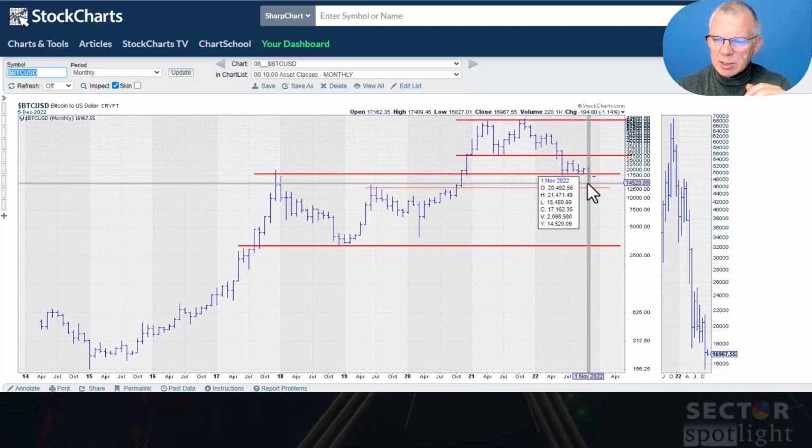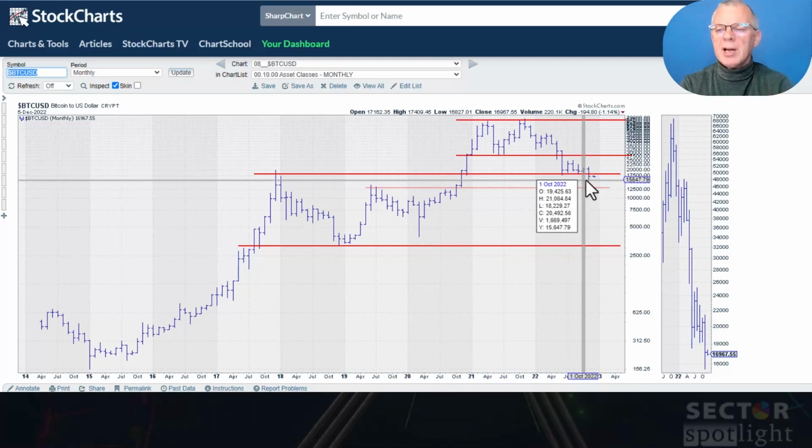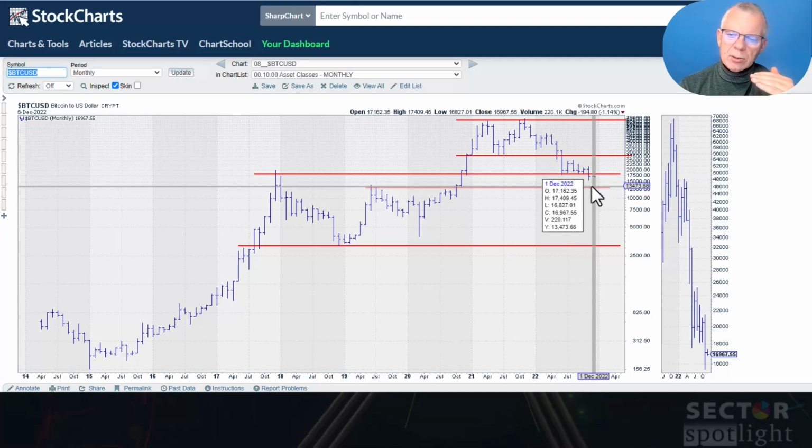The last month's low, which was around 15,500, is probably going to provide some form of support, but the upside is really limited towards 18,000, 18.5, while the risk is all the way to 12.5. So Bitcoin, I'm afraid it's the crypto winter at the moment, literally.